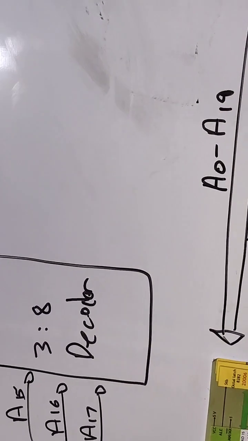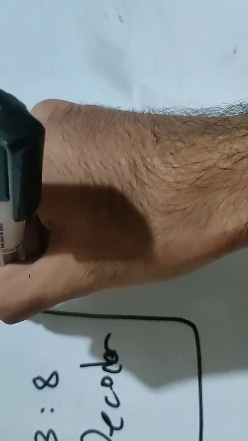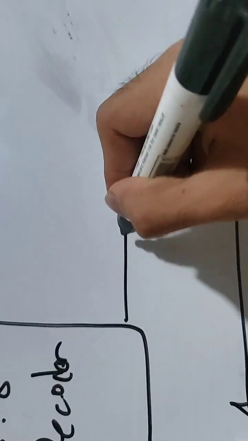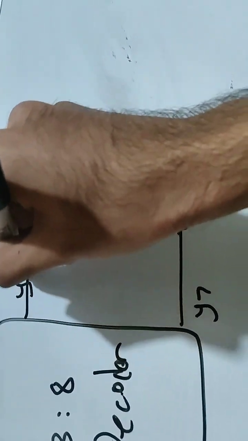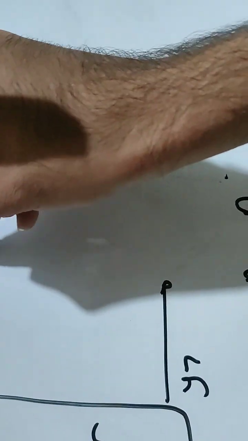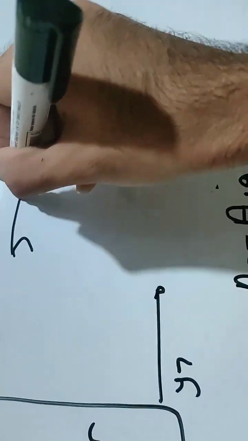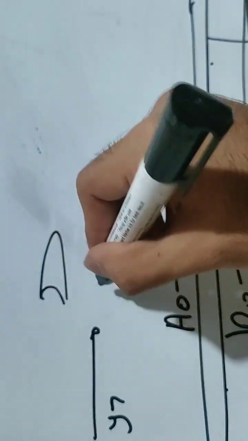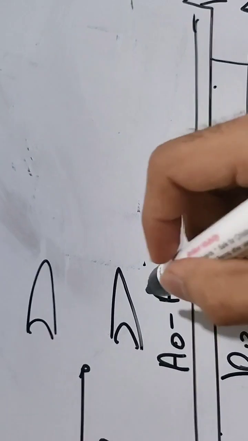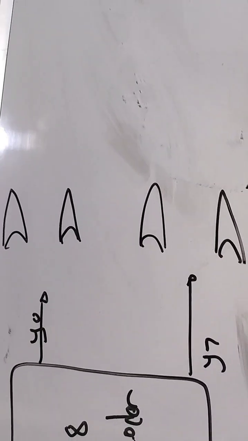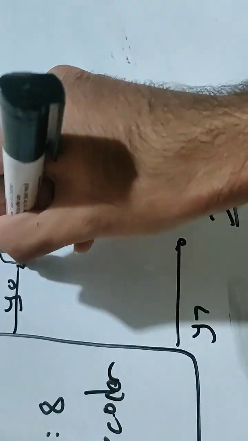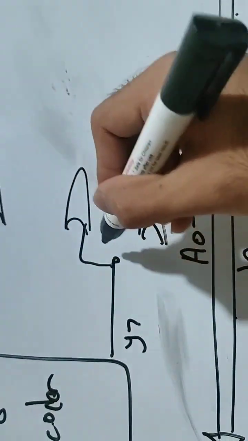Now what will our decoder give us? Our decoder gives us 2 outputs: one is a Y7 output and one is a Y0 output. In both cases there will be 2 OR gates. Now basically this signal will go here, same here, and this signal will go here.